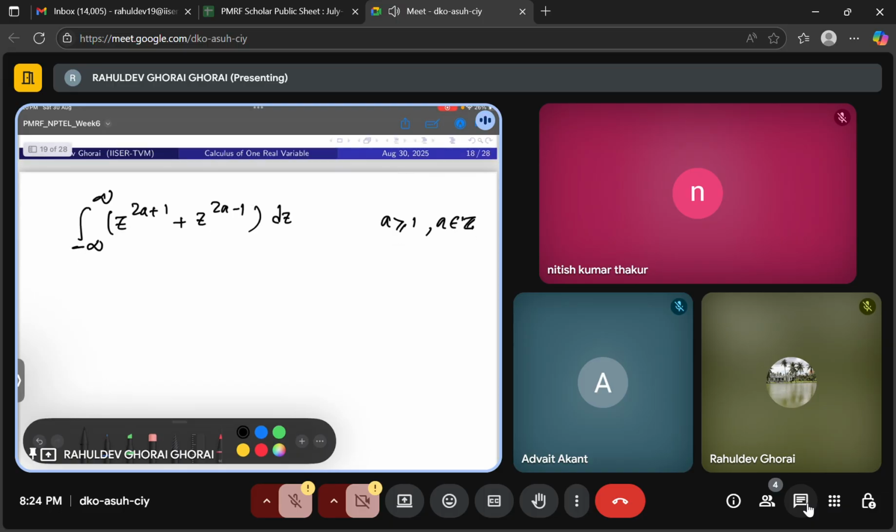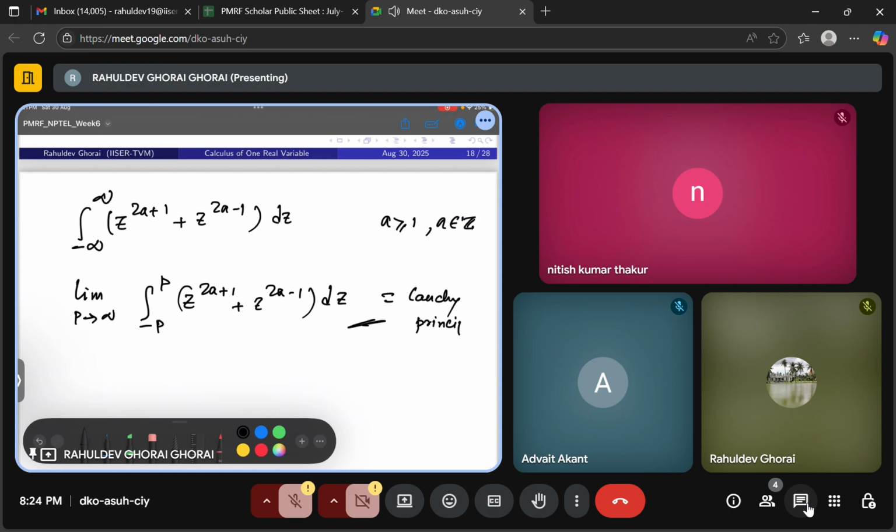So how do we find the Cauchy principal value? The Cauchy principal value is nothing but the limit as p tends to infinity of the integral from minus p to p of z to the power 2a plus 1 plus z to the power 2a minus 1. So this is equal to the Cauchy principal value.